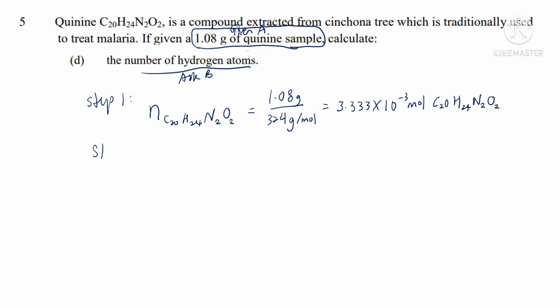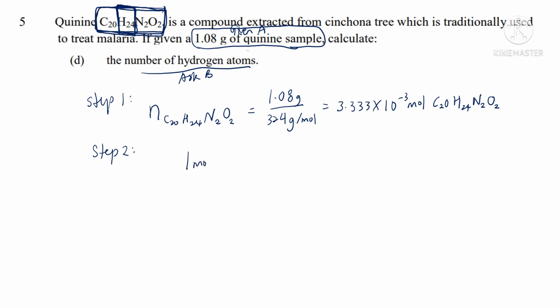Then in step number 2, we need to find what is the stoichiometric relationship between quinine and hydrogen atoms. So we know from the chemical formula of quinine that 1 mole of quinine consists of 24 moles of hydrogen. So 1 mole of quinine molecule consists of 24 moles of hydrogen atoms. So that is the stoichiometric relationship between quinine and hydrogen atoms.